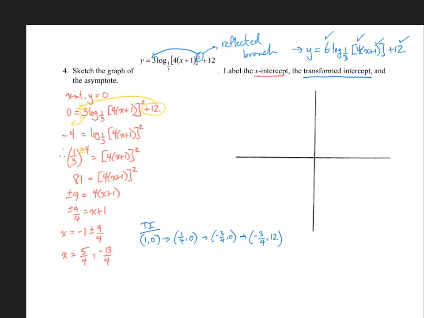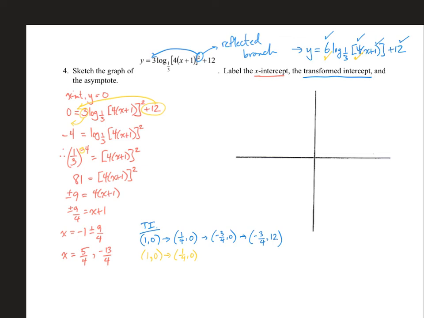So I'm going to go through that exact same process, this time in gold, but incorporate my reflected branch. So I'm going to start off at 1, 0. And now I vertically stretch it by a factor of 6, no change. Horizontally stretch it by a factor of 1/4. So that gets transformed to 1/4, 0.